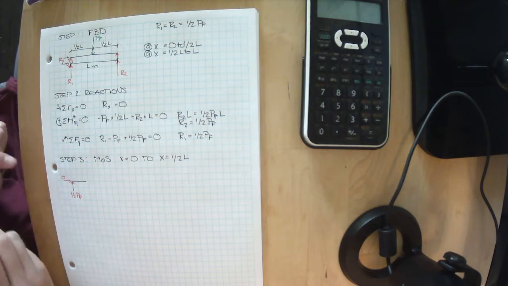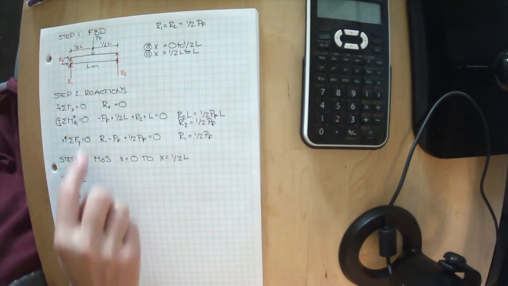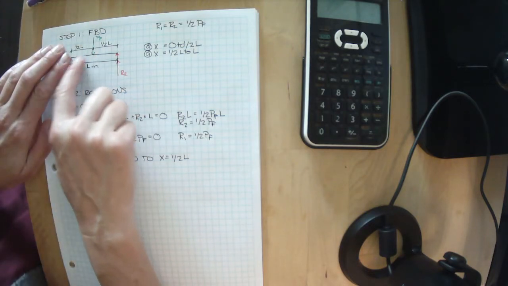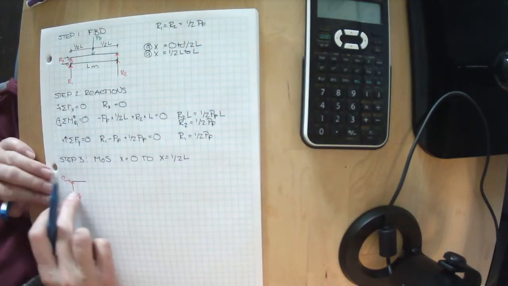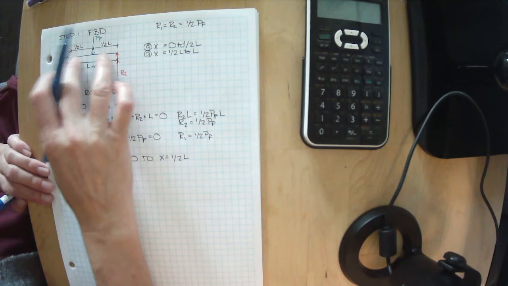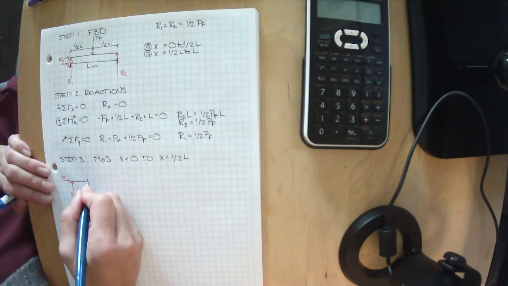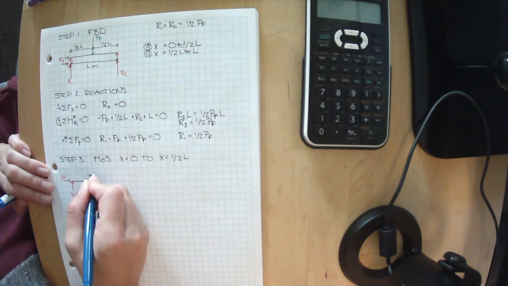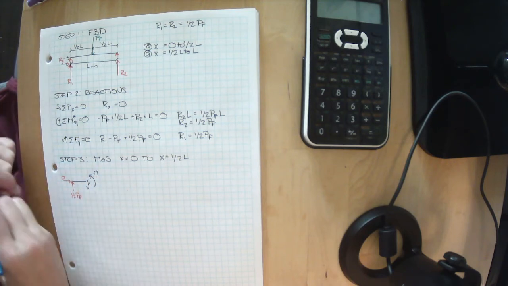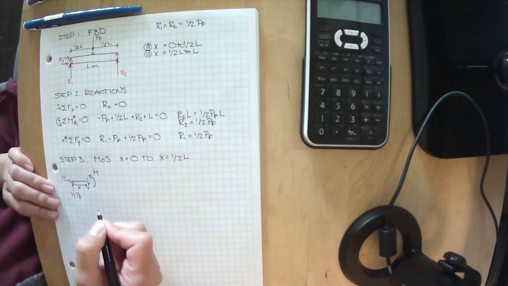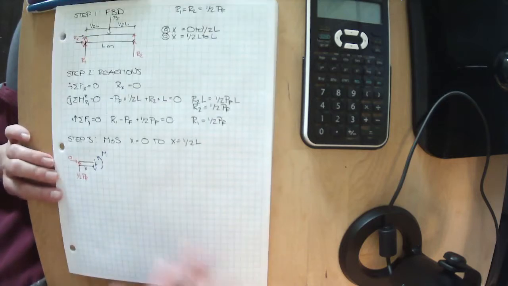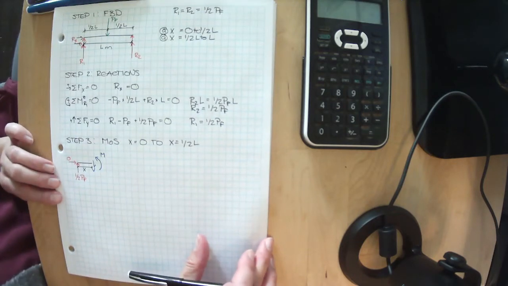I know that equals 0, and I have nothing applied anywhere along this part of the beam. So I know this isn't moving in space because this isn't moving in space. So there must be internal forces that keep this from moving in space. We've cut this at some dimension X. We don't know what it is, but X can be anywhere from 0 to 1/2 L.